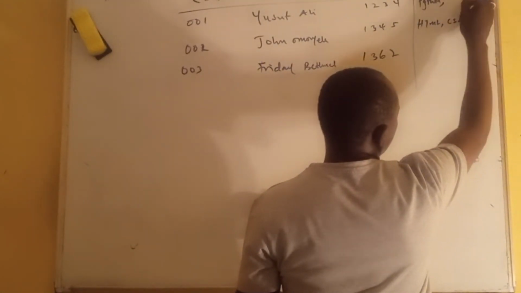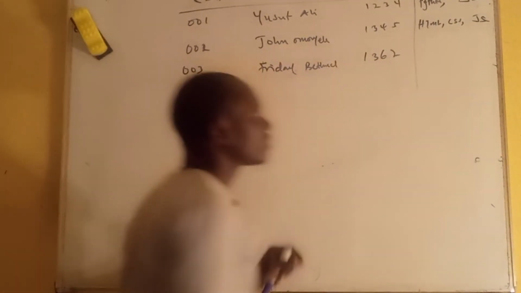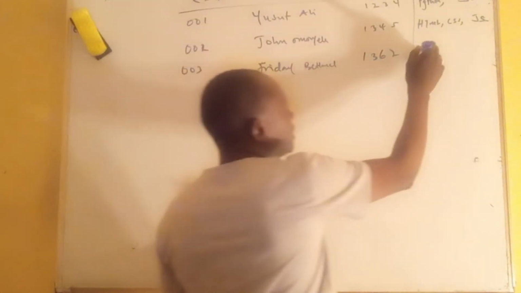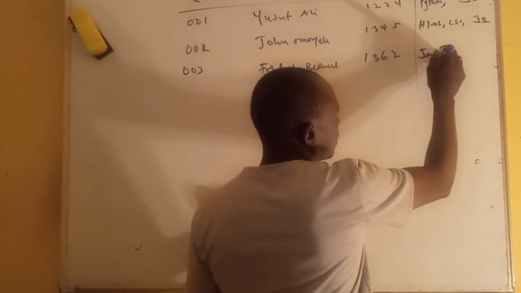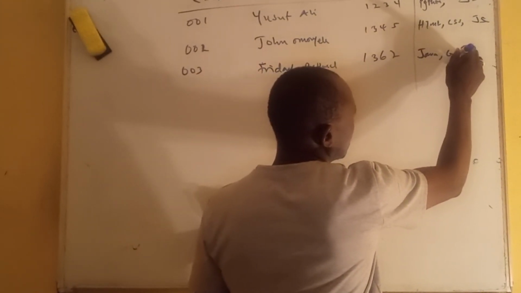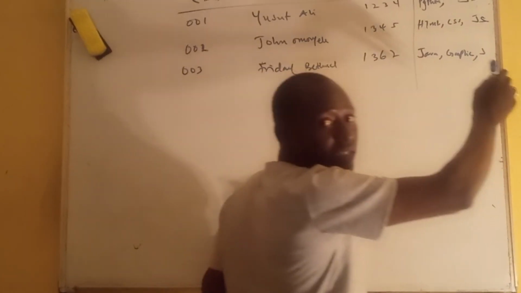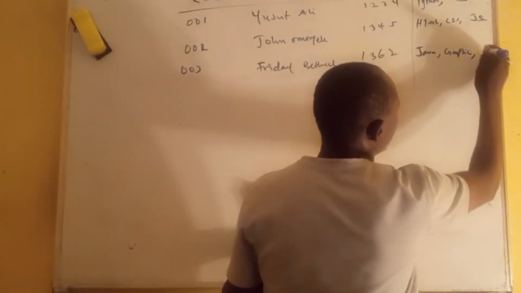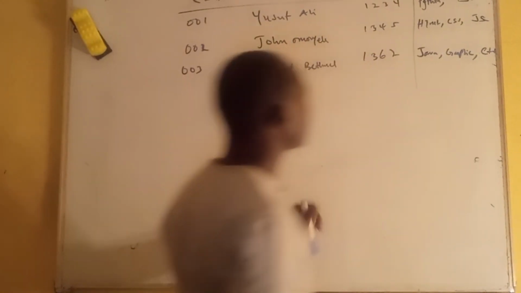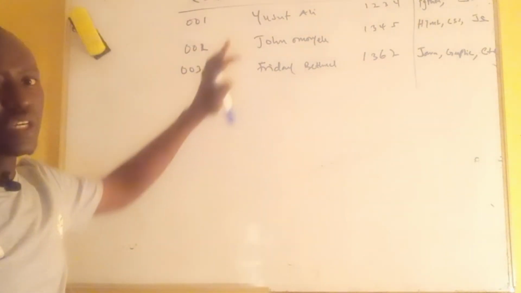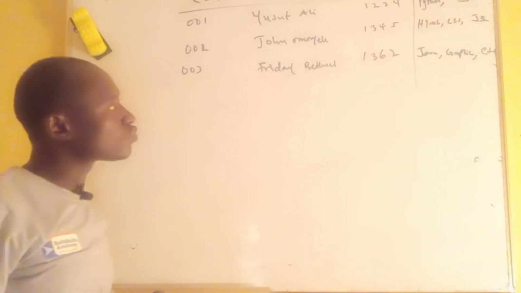Let me use JS for JavaScript. The third person has Java, graphics, and then JS, or C++, right? So this is the given table now.